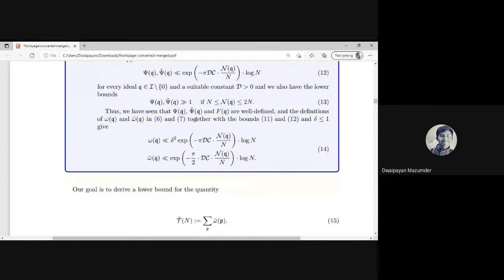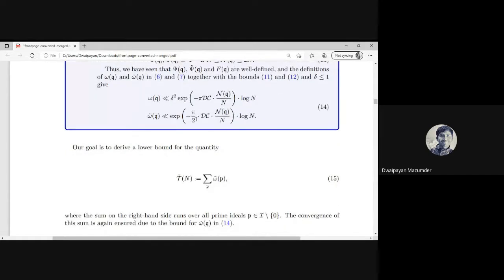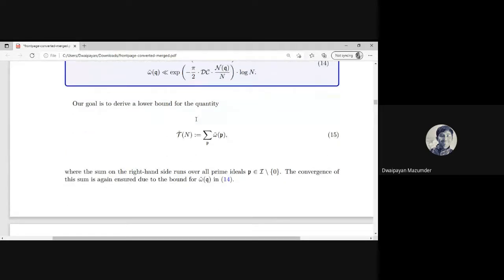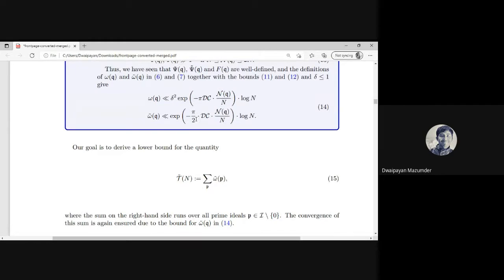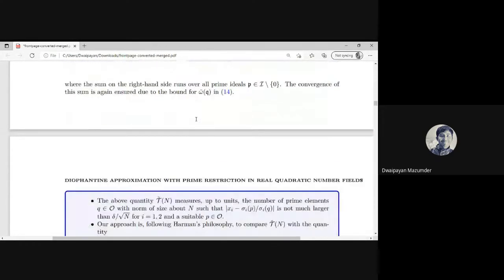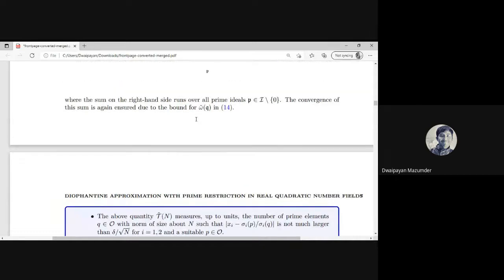Having said that, now let me tell you what the idea is. Now we are taking the summation of omega tilde_p, or this capital T tilde of n, and that sum runs over all the non-zero prime ideals, and you can establish the convergence by these bounds. And now, what does it measure?